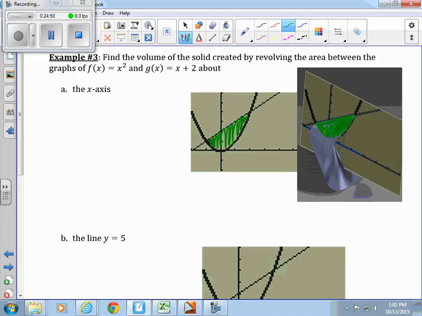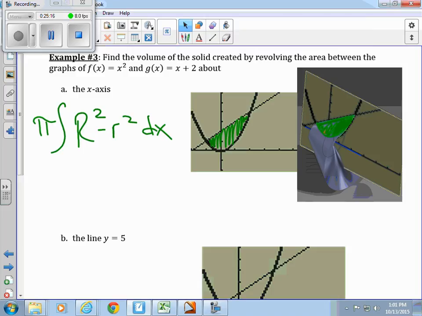Okay, so I'm going to set up from, I know I'm using washers, and I know that I'm doing y dx. I'm rotating around the x-axis, so my cross-sections are going to be perpendicular to the x-axis. In horizontal rotation, you're going to get cross-sections perpendicular to the x-axis.